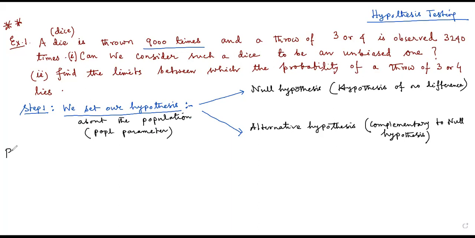What is a parameter? You can say that any sort of population measurement is actually called a parameter over here. So if you are talking about population mean, it is a parameter. If you are talking about population median, it is a parameter, and so on. Or you can look at it from a different perspective. A particular population is following some sort of probability distribution.